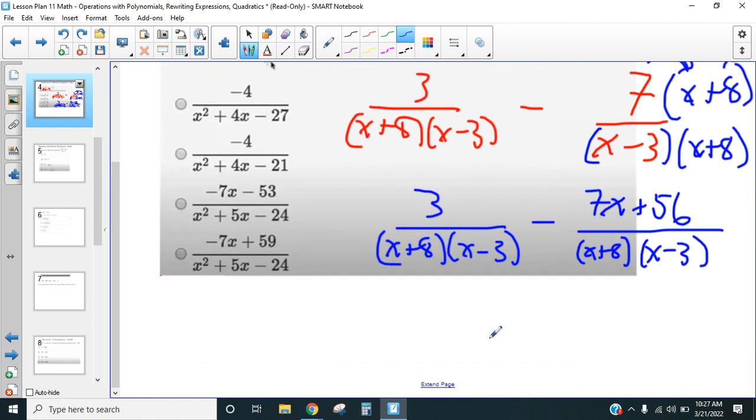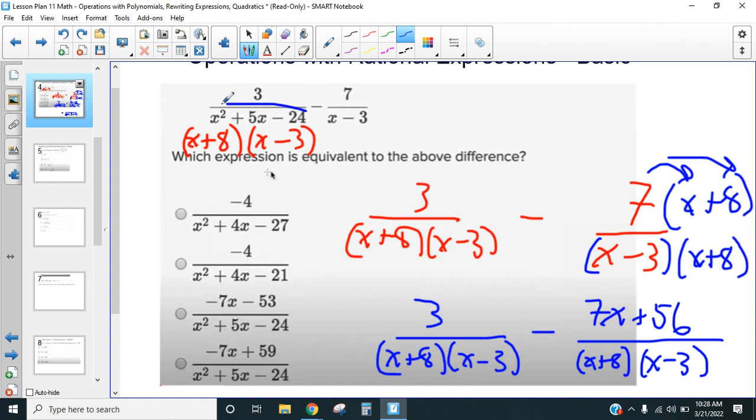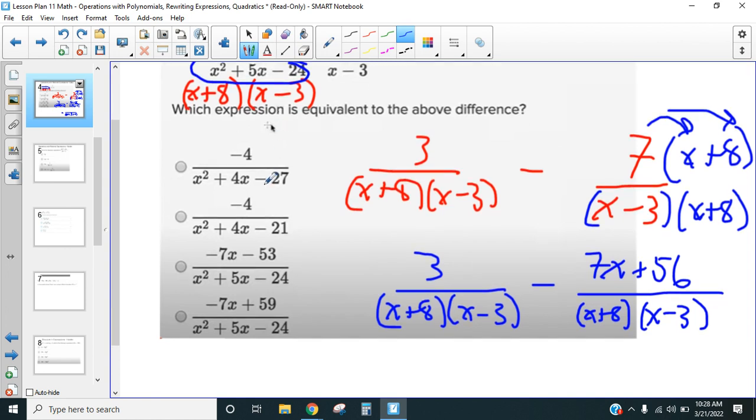Now what happens here? Well, this turns into one fraction after we combine them. We have x plus 8, and x minus 3 is our denominator, which is really the same thing as this, isn't it? Isn't that the exact same thing? So looking at our choices, it can't be A. It can't be B because the denominators don't match.